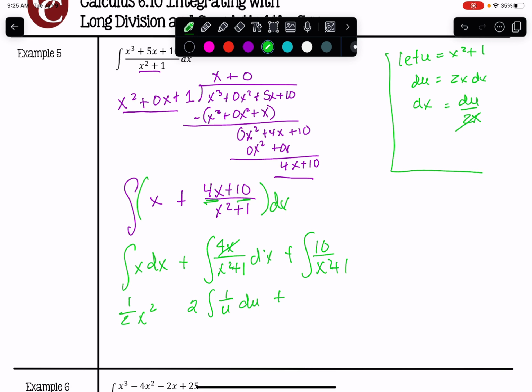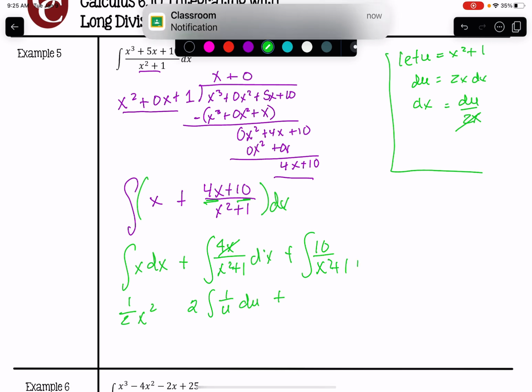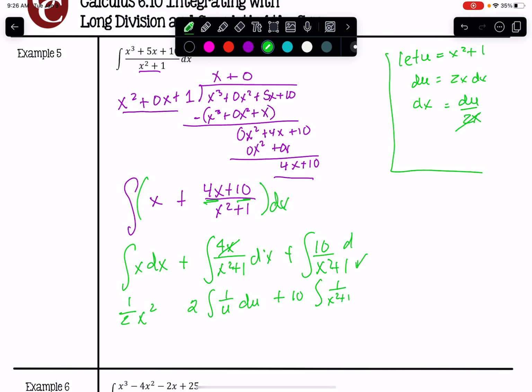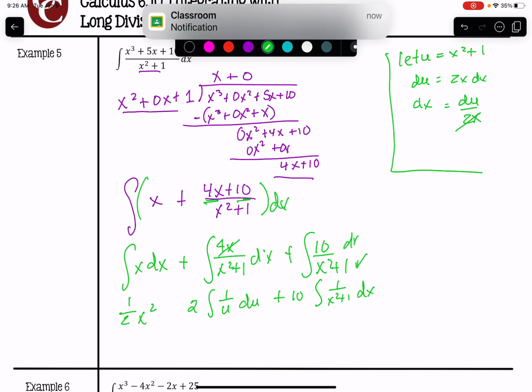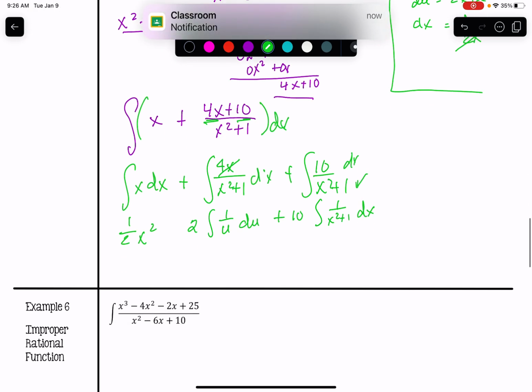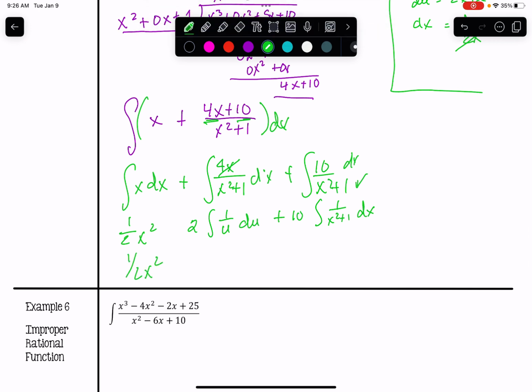plus, look what this is. Isn't that an inverse tan? If I take out a 10 and the integral of 1 over x squared plus 1 dx. So I am good to go right now. I have 1/2 x squared plus 2 ln the absolute value of u plus 10 inverse tan of u.